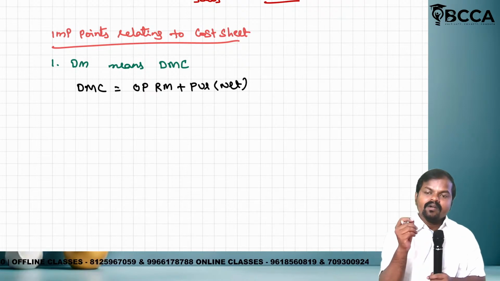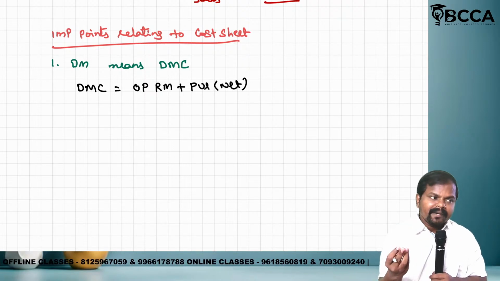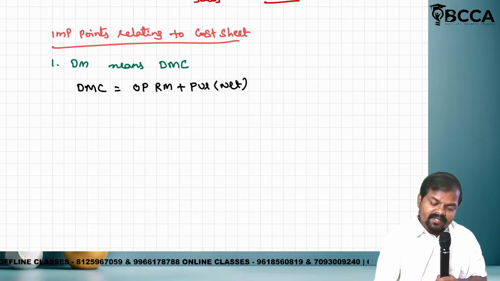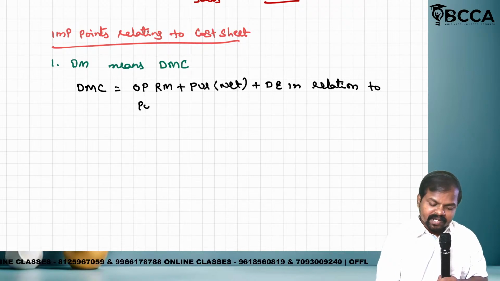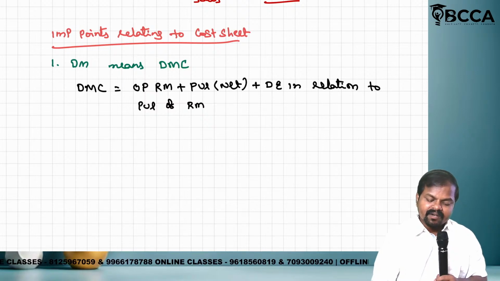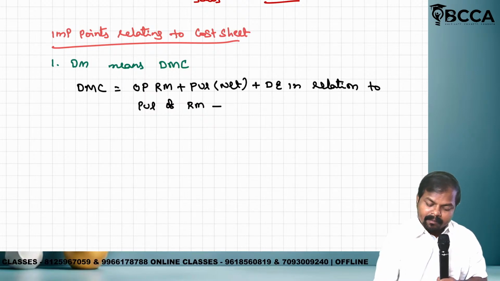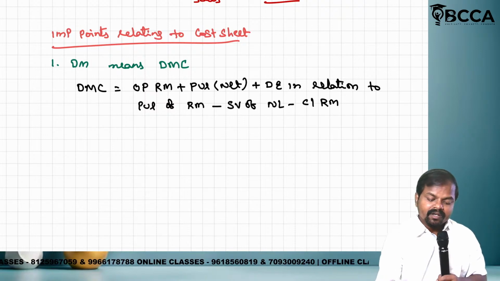Now tell me, what is meant by the DMC formula? Opening stock of raw material plus purchases net plus direct expense in relation to purchase of raw material, minus salvage value of normal loss, minus closing stock of raw material.